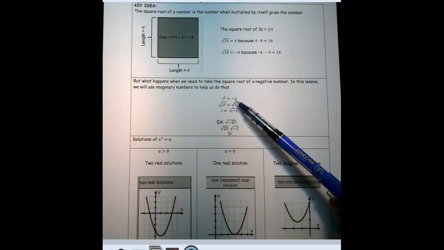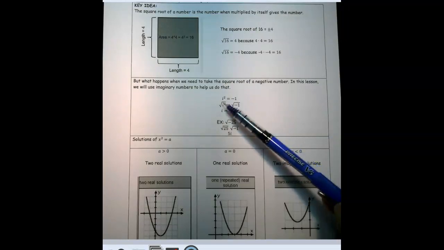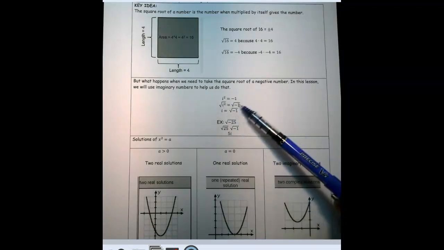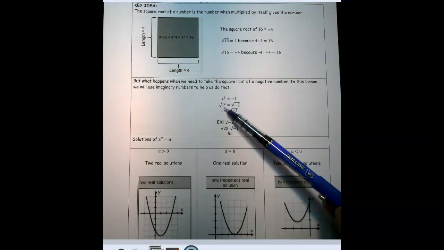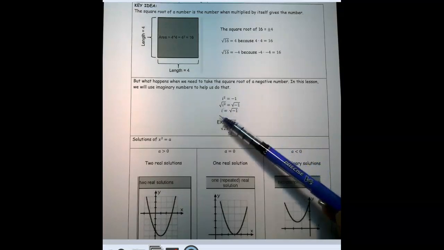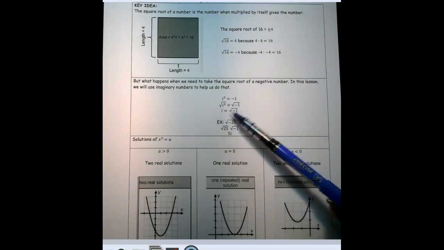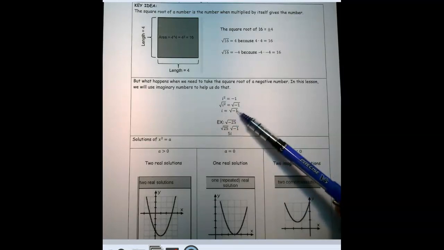So if I want to take the square root of that, then this would be the square root of i squared is equal to the square root of negative 1. Well, the square root of i squared is just i, because i times i gives me i squared. And then that is equal again to the square root of negative 1. There is no number multiplied by itself that's ever going to give you negative 1.